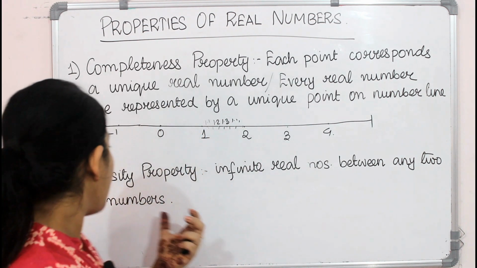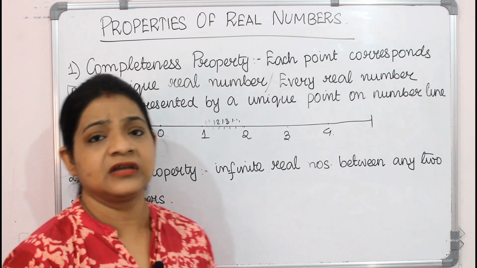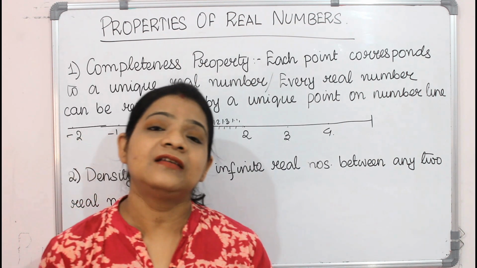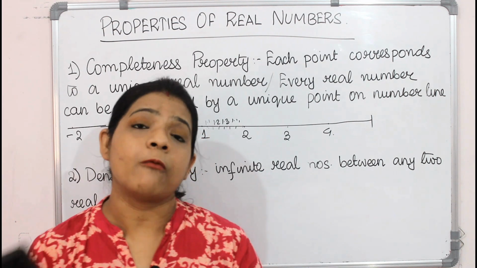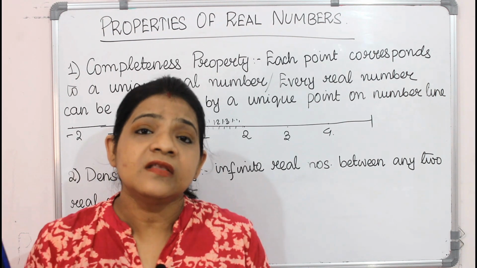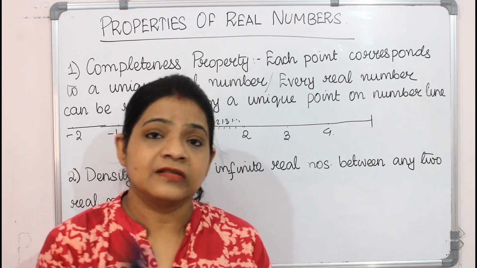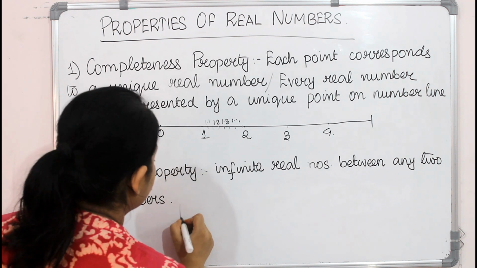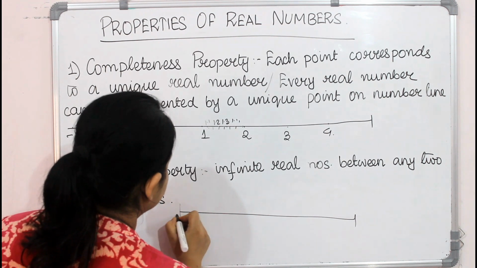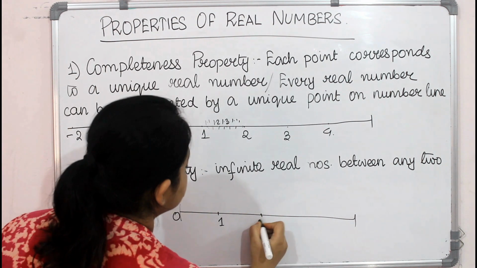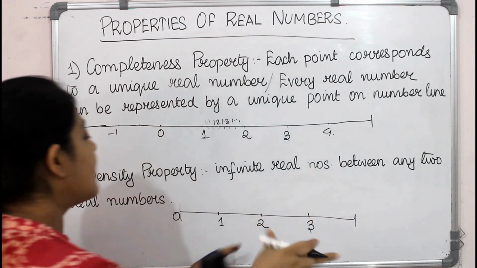Next property is the density property. By the word density, what do you mean? Dense, like a dense population, means very close, isn't it? If I draw the number line, suppose this is 0, 1, 2, 3. These are real numbers.